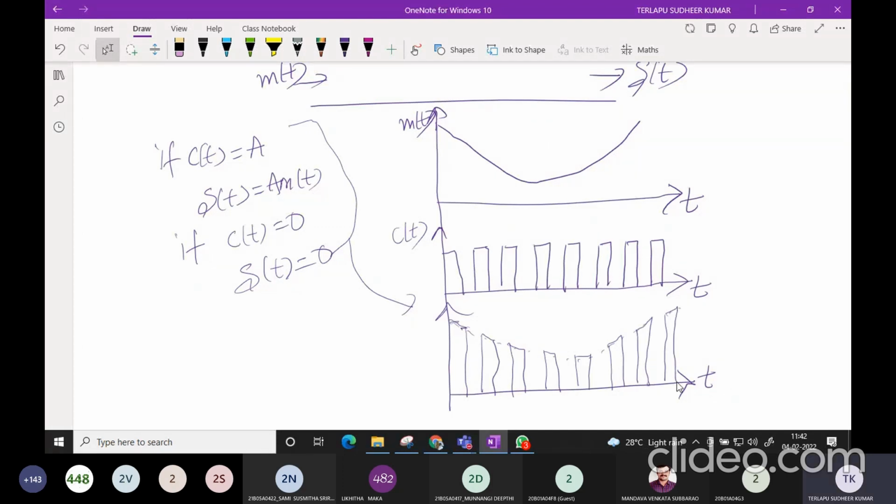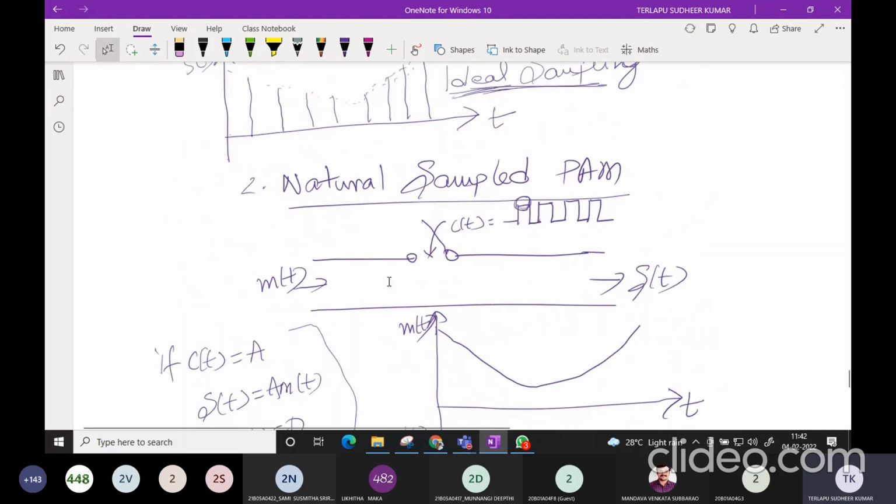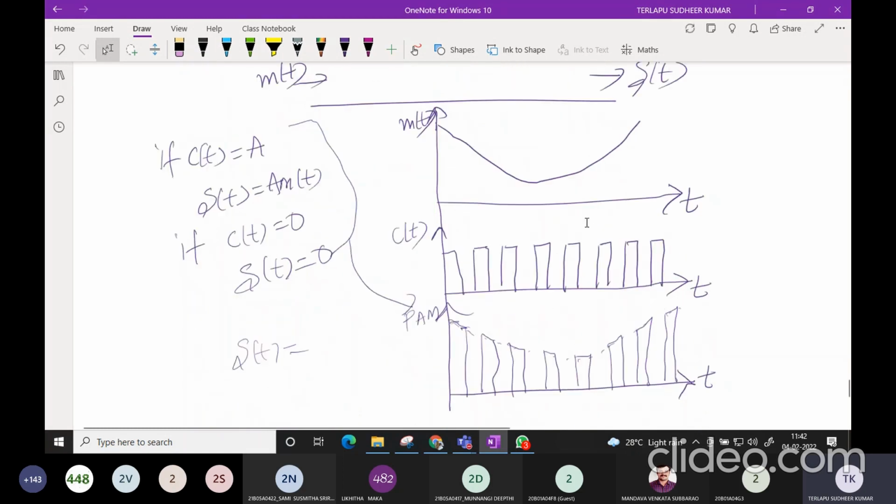So this is the pulse amplitude modulated signal using natural sampling. Even here I can write my S of t, if I convert this switch into mathematics, simply as S of t equal to M of t into C of t.